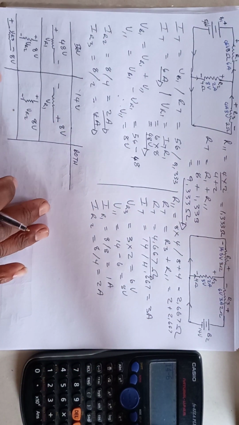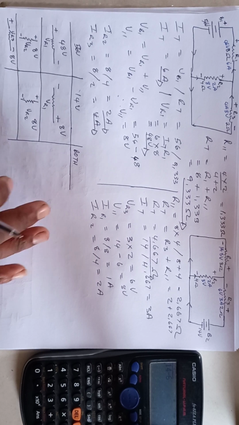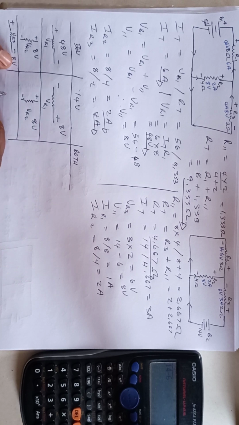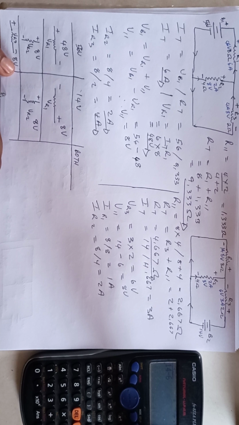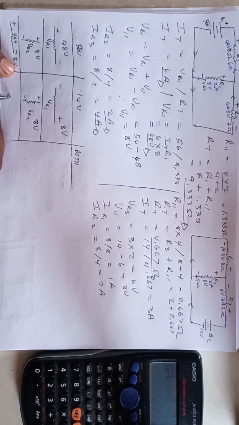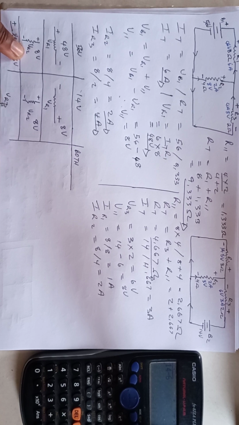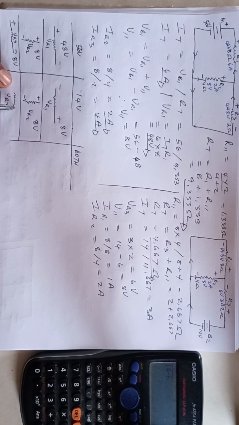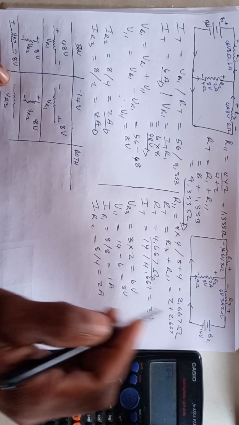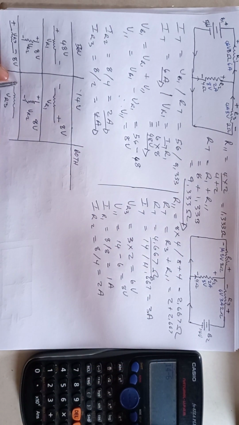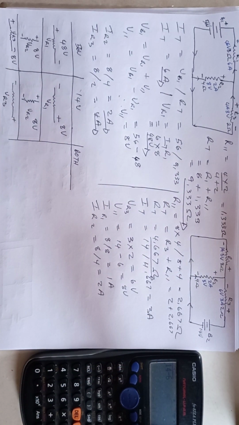Okay. Let us now come to VR3. Let's draw the resistor as it appears. So that's VR3, the polarity negative and positive.